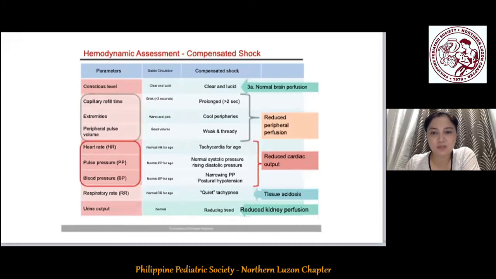There is reduced peripheral perfusion, which is seen as prolonged CRT, cold extremities with steady pulse, reduced cardiac output, seen as tachycardia, rising diastolic pressure, and narrow pulse pressure, and reduced renal perfusion, seen as reduced urine output. But you have to note that in compensated shock, changes are seen in all except for the level of consciousness and the systolic pressure.